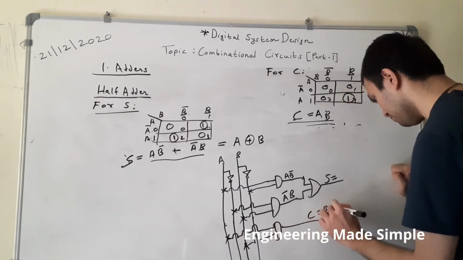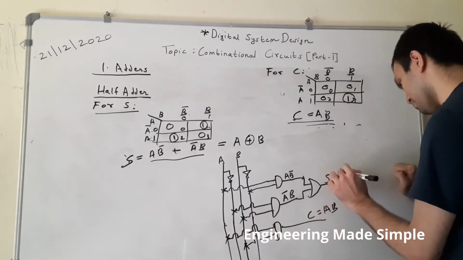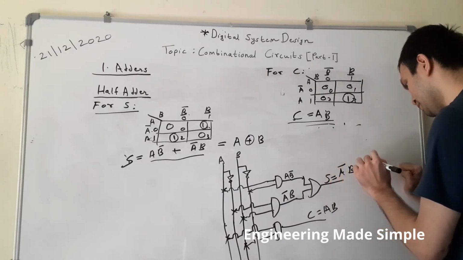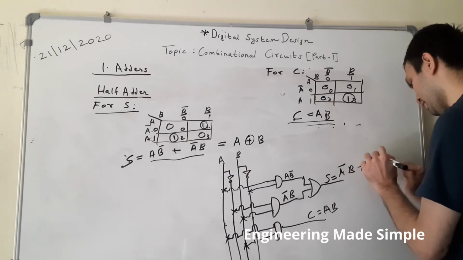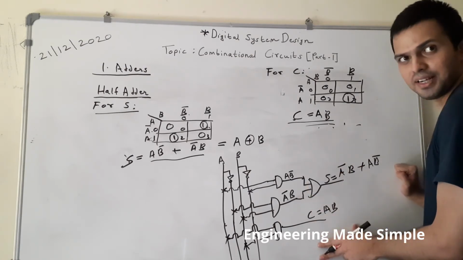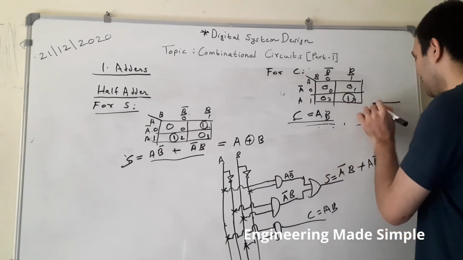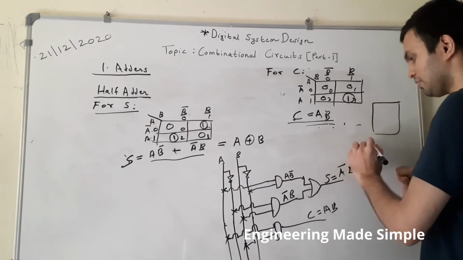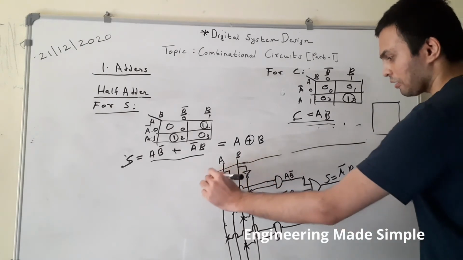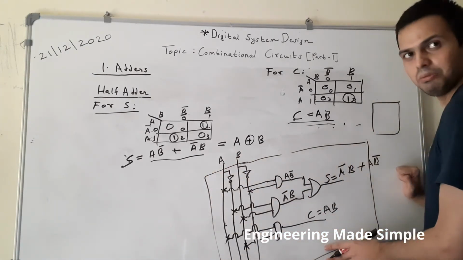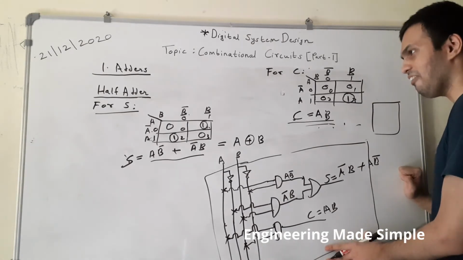So C is equal to A into B and sum is equal to A bar B plus AB bar. So this is a half adder circuit, and whatever small generalized block diagram I had drawn, this entire circuit is that block. So this is a half adder circuit. So this will be in your digital computer when you say half adder.